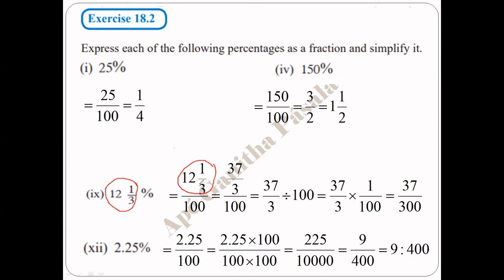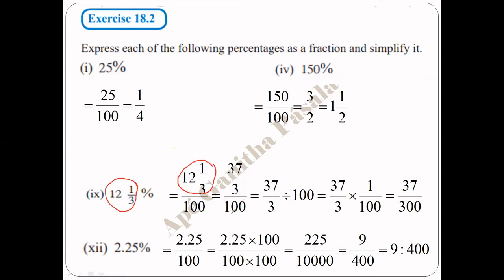But here you can't do calculations in this way. So you can convert this into an improper fraction. 3 into 12, 36. 36 plus 1, 37. 37 over 3, over 100.